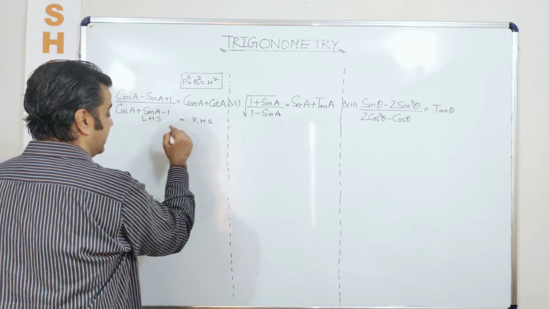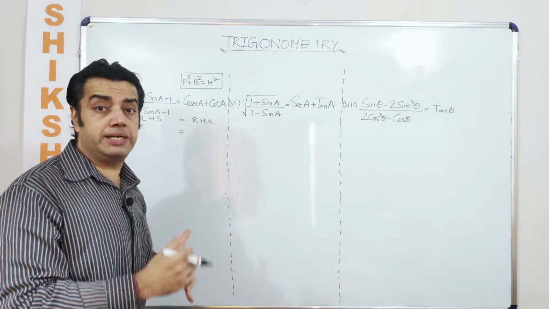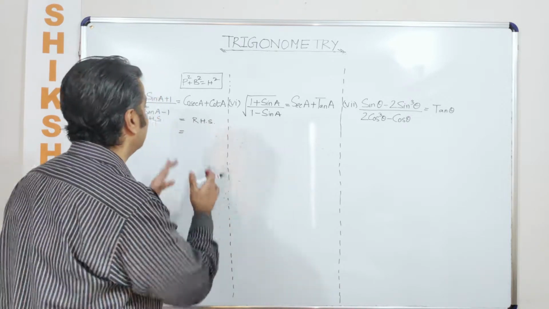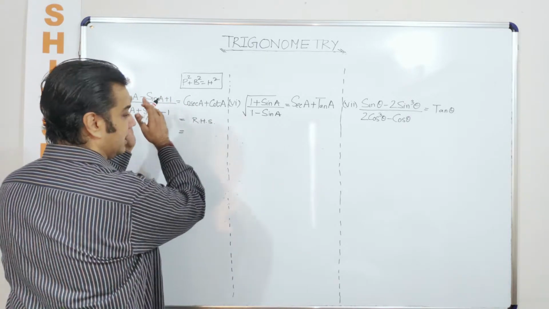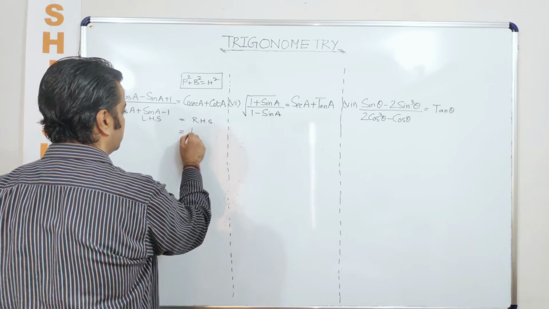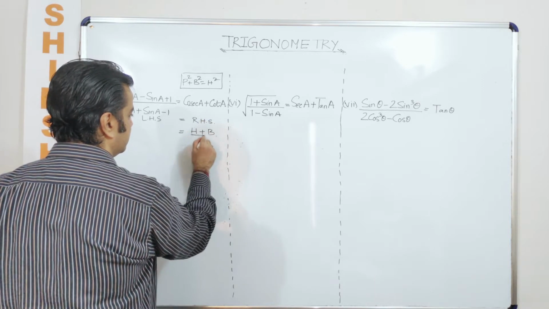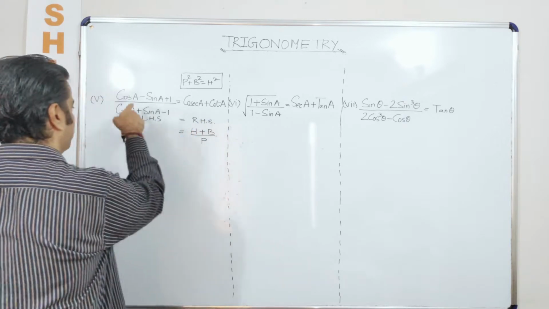I advise starting off with the lesser complex value, which can be interpreted earlier than the other part, when we are talking about LHS and RHS. In this case, I know this is hypotenuse upon perpendicular and this is base upon perpendicular. So you need to prove this from the left hand side.